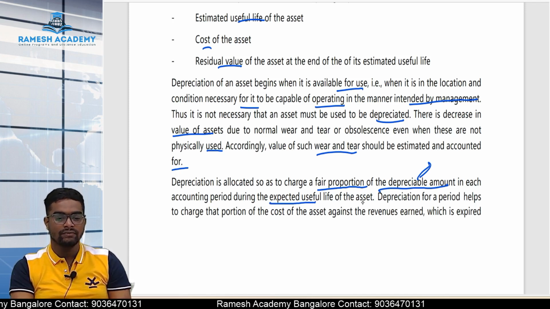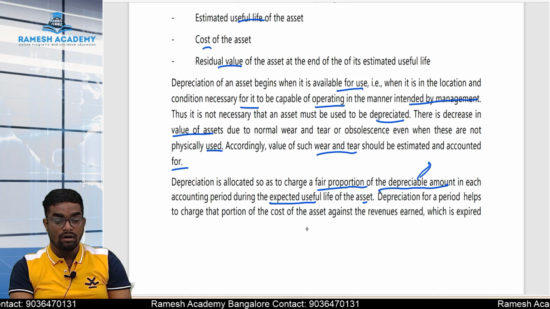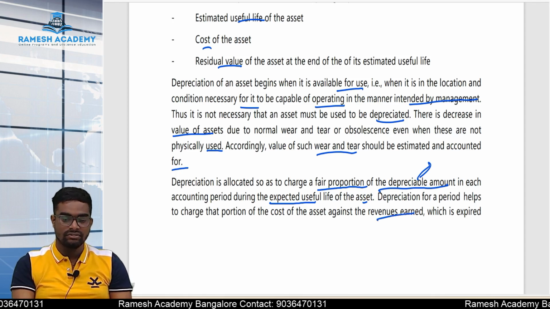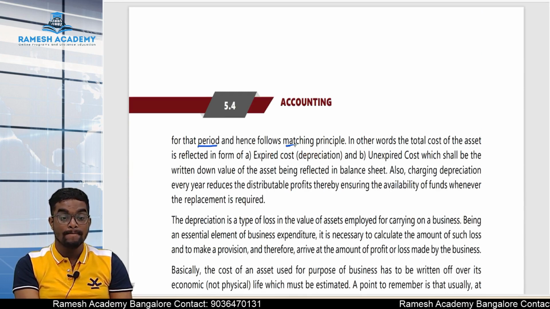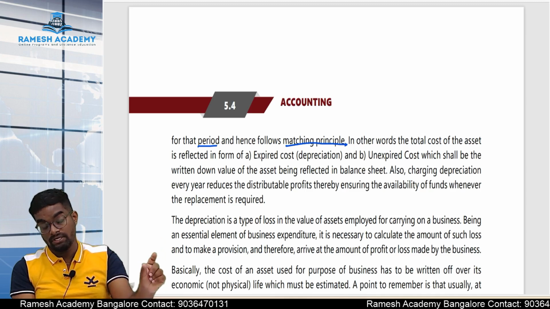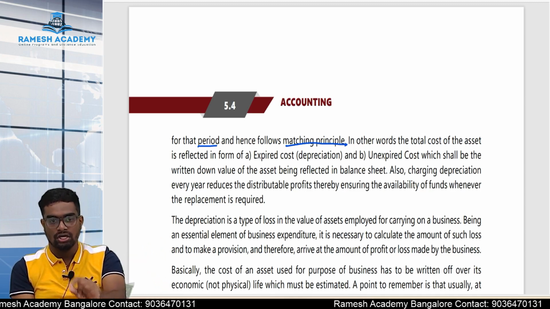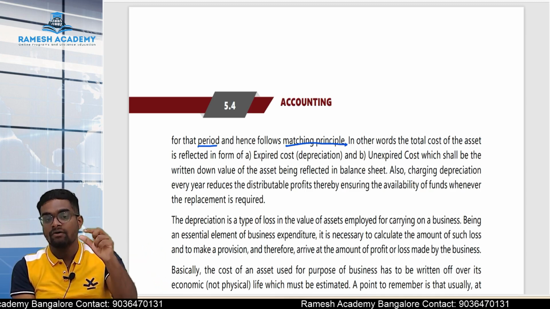During the expected useful life of an asset, depreciation for a period helps to charge that proportion of the cost of the asset against the revenues earned, which is expired for that period, and hence follows the matching principle. I told you, for that particular revenue, this is the particular cost for the accounting period.